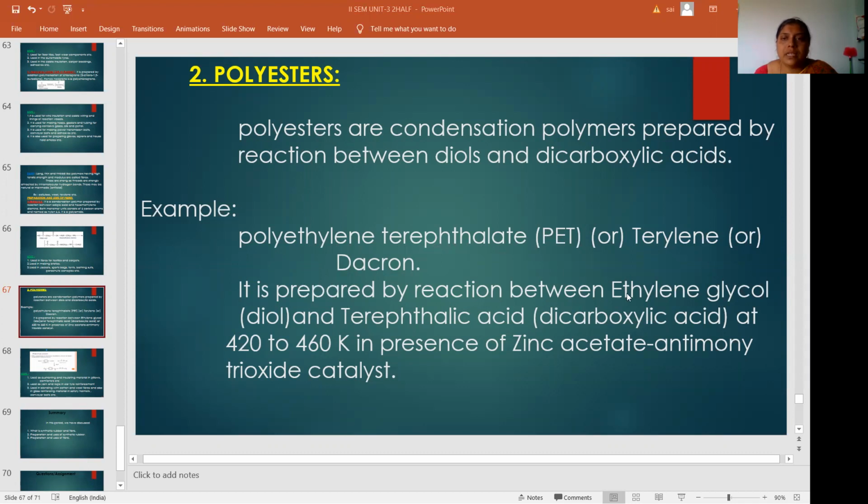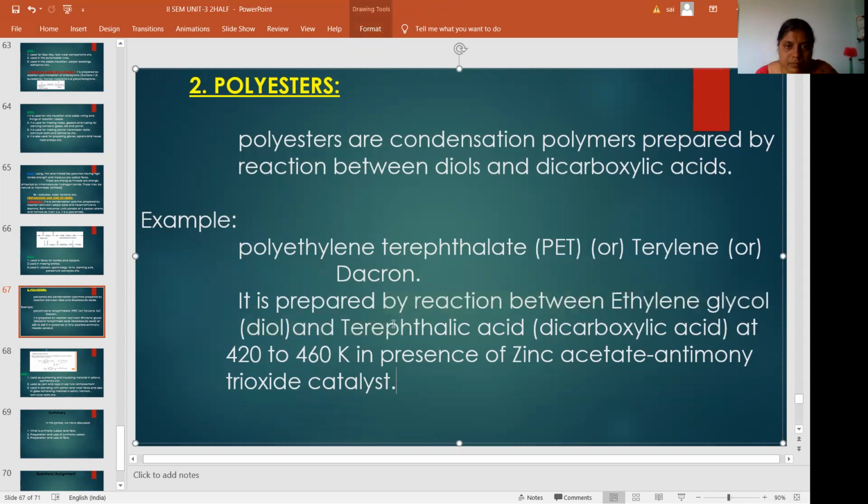It is prepared by reaction between ethylene glycol, simply a diol, and terephthalic acid, a dicarboxylic acid, at 420 to 460 Kelvin in the presence of zinc acetate antimony trioxide catalyst.